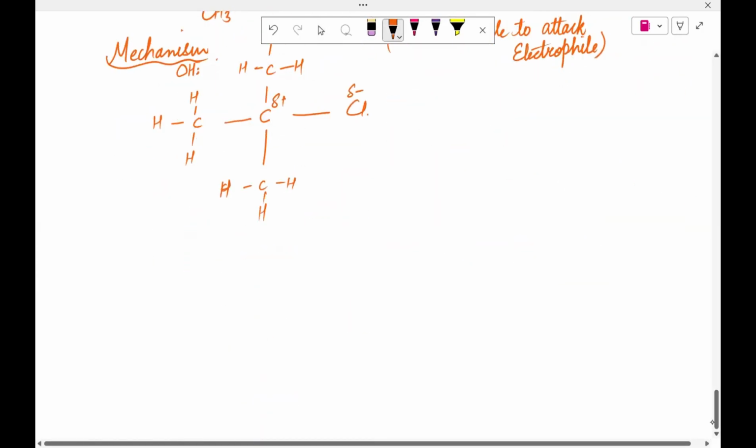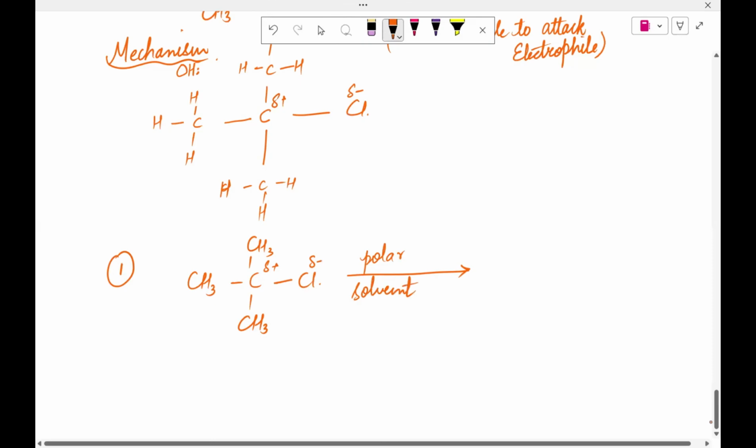Now let's see, if OH is unable to attack at this place, then first it is going to have another reaction. And that reaction is that we are going to put this CH3Cl in a polar solvent. We are going to put it in a polar solvent. And what is going to happen because of that?